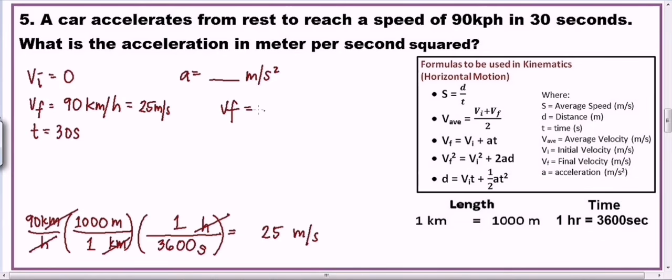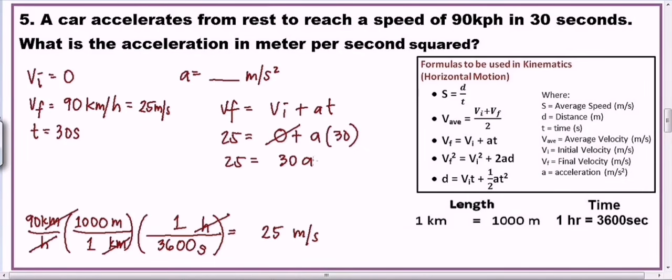So, VF equals VI plus AT. So, VF is, ito na, yung na-convert. Kasi ito naka-kilometer per hour. Ang kailangan natin, meter per second. So, 25 equals, VI is 0, plus yung A na hinahanap, times 30 na time. So, 25 equals, wala na yan, A times 30 is 30A.